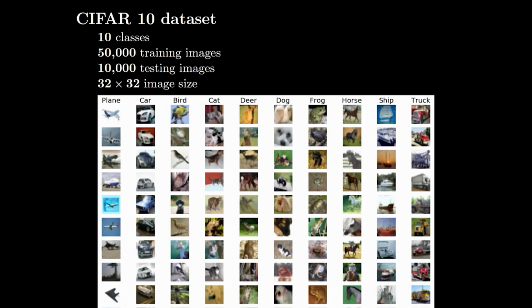We are using the CIFAR-10 data set, that is, it has 10 classes: plane, car, bird, cat, deer, dog, frog, horse, ship, truck. These are a few training images from the data set. Overall we have 50,000 training images, 10,000 testing images and each image is of size 32 cross 32.